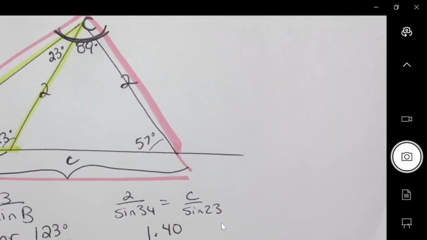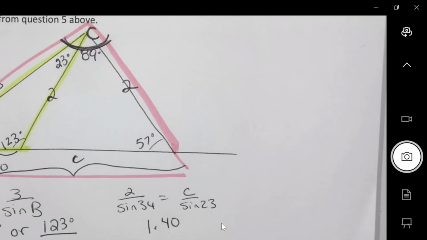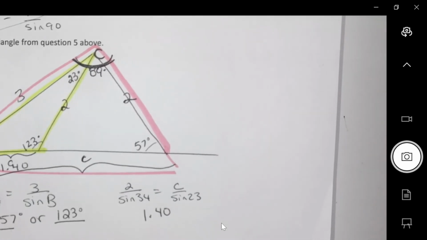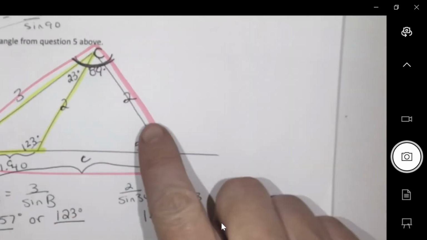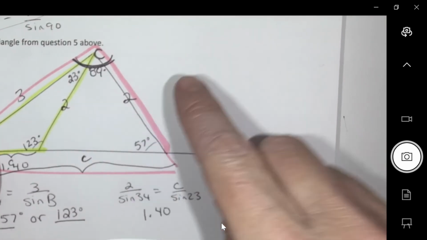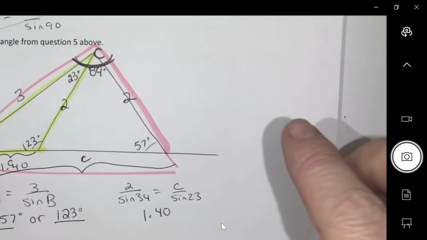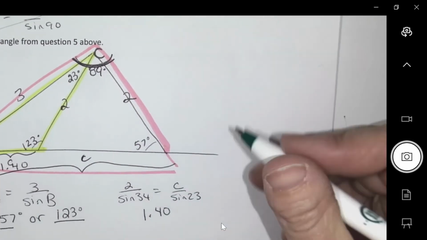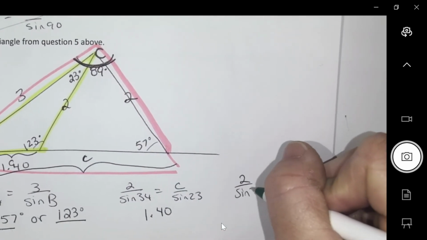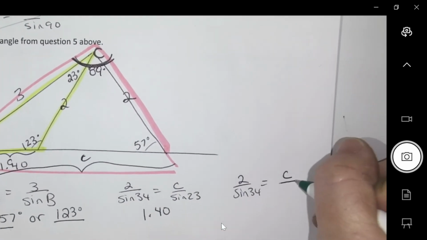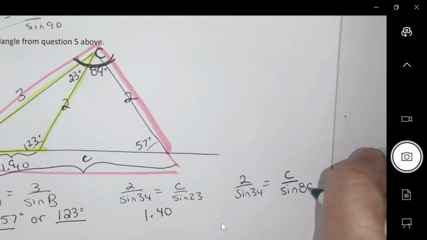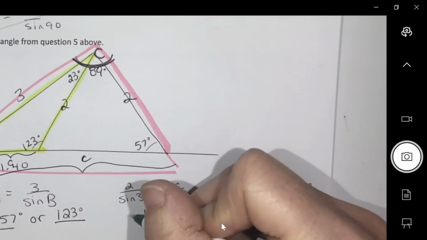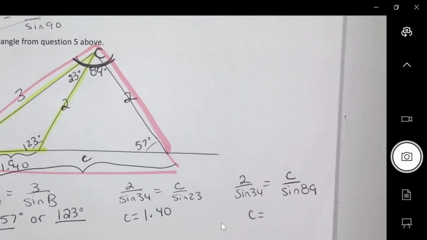Okay, now we repeat again the sine law. So I'm going to use the 2 and 34 again. That's still an option in that triangle. 2 and 34. C is now across from 89 degrees because I figured out that top angle.